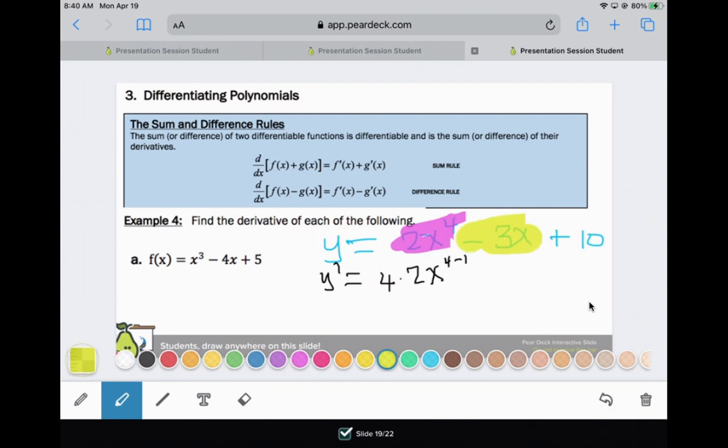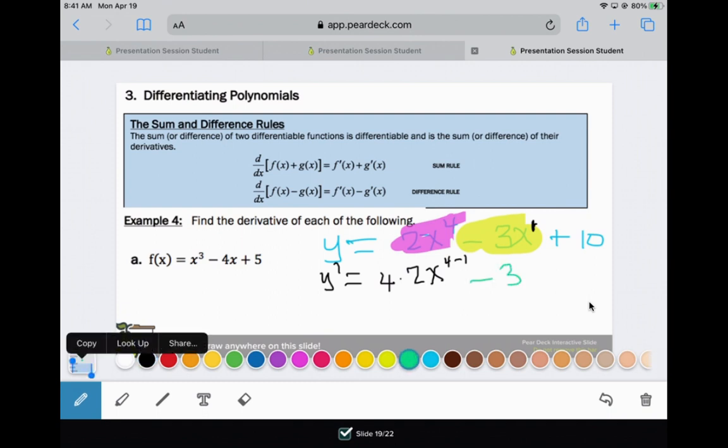And then I'm going to move on to the next one. If you recognize this one, this is to the power of 1, right? So this is a linear function. If it's a linear function, what is the slope? That's the question that I'm going to ask myself. What is the slope of that one? Which I know is -3.